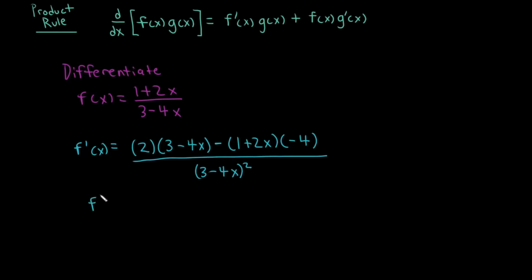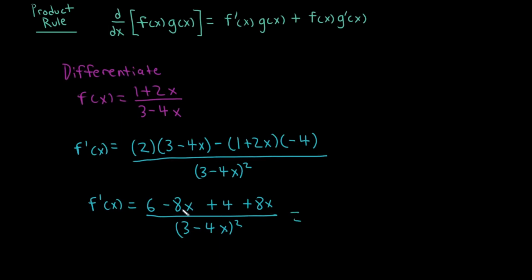Usually I'd leave this like this, I wouldn't simplify it, but if we simplify this we get an easier answer. So f prime of x, if we multiply this, 2 times 3 is 6, 2 times minus 4x is minus 8x, and then minus 1 times minus 4 is plus 4, and minus 2x times minus 4 is plus 8x, and that is divided by 3 minus 4x squared.